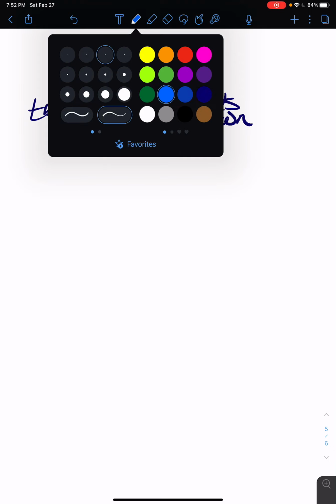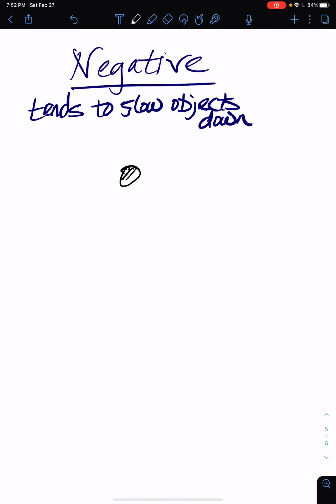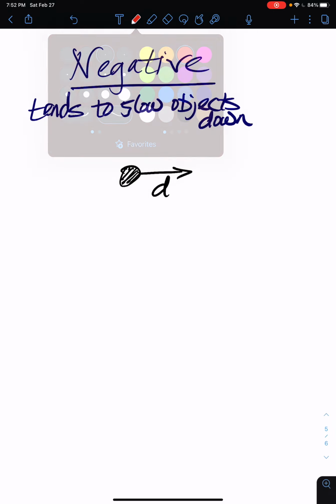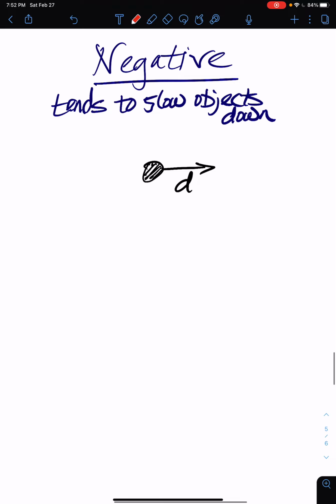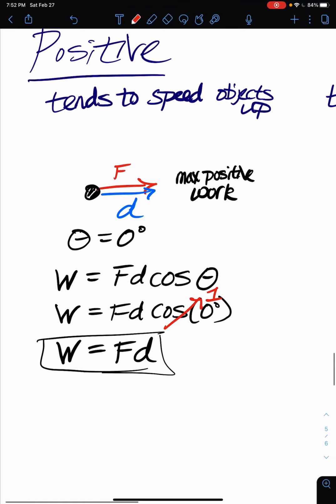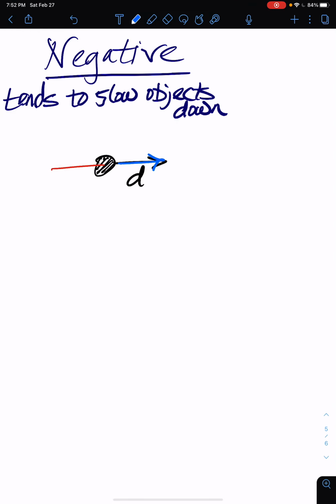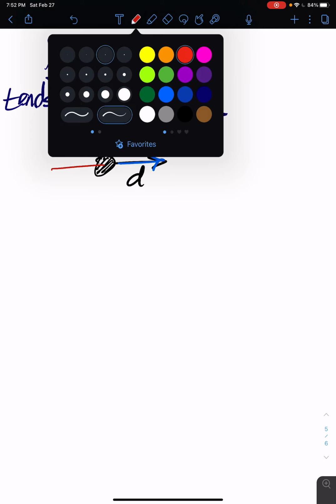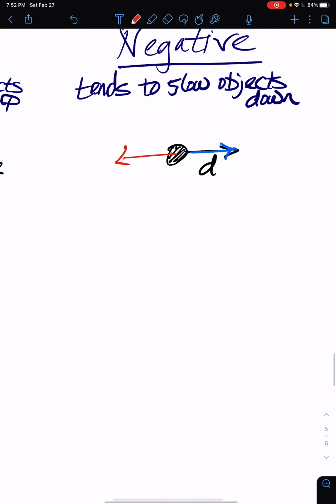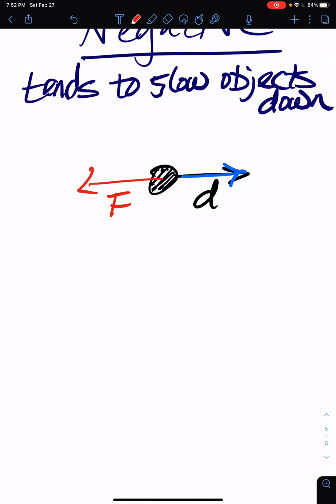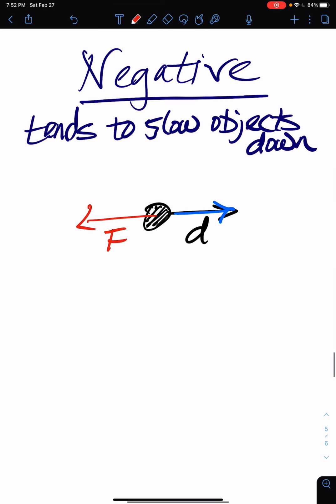So I'm going to draw a dot. I'll start with a dot again. Maybe the object is still moving forward. But now the force is in the other direction. I think I used blue for distance. Whoops. Try and keep it consistent. And this is when that force tends to slow the object down.